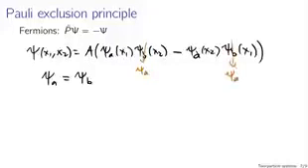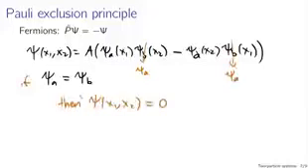We've got psi a of x1, psi a of x2 minus psi a of x2, psi a of x1. We've got essentially something minus itself. So if the particles are in the same state, then psi of x1, x2 equals 0 with this particular fermion antisymmetry under exchange.